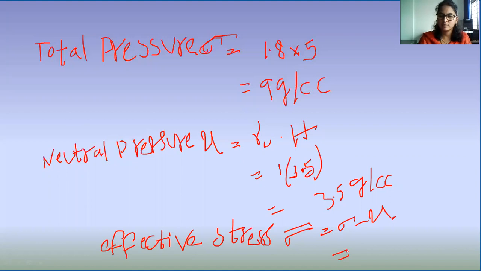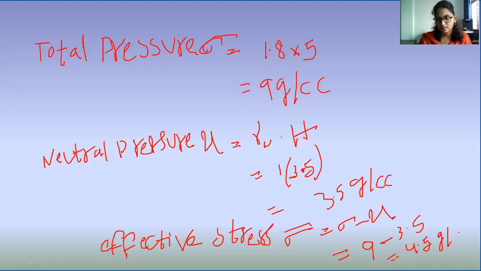That means total pressure minus neutral pressure: 9 minus 3.5, that is equal to 4.5 gram per cc.